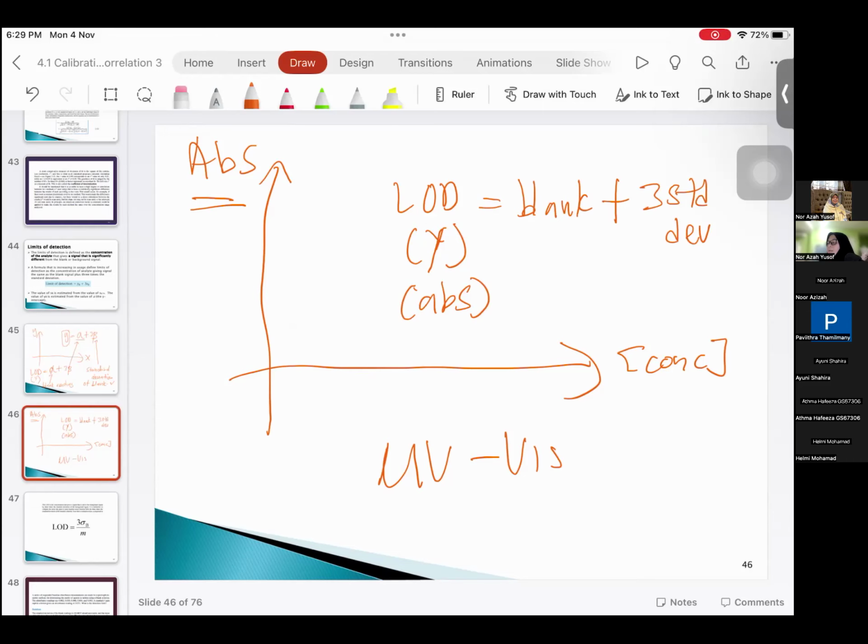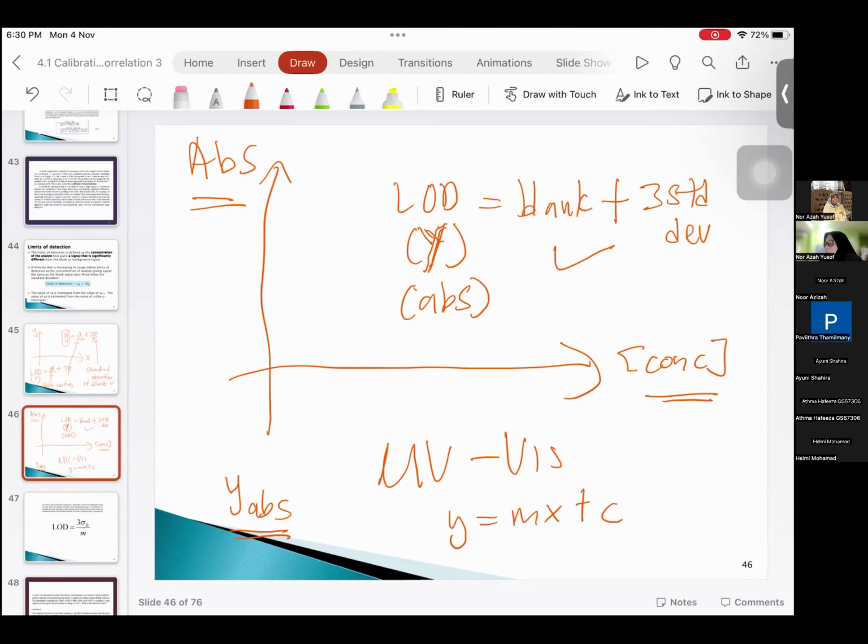But you still don't consider this as the concentration, because usually the limit of detection that we want is in the form of concentration units. True? So let's say I just name this Y. Once we calculate this, we get a new absorbance, right? Remember the calibration plot will have the linear equation.